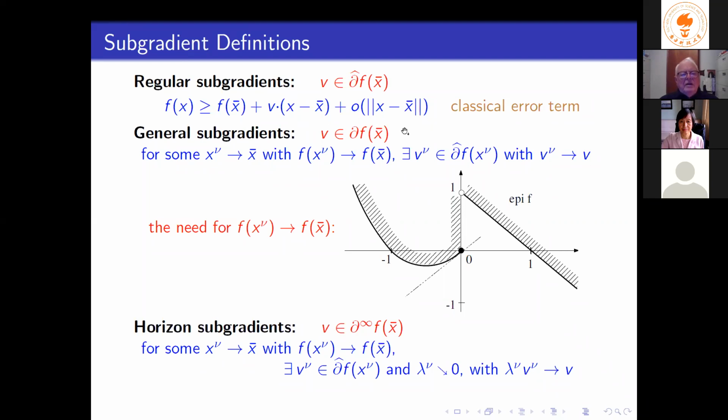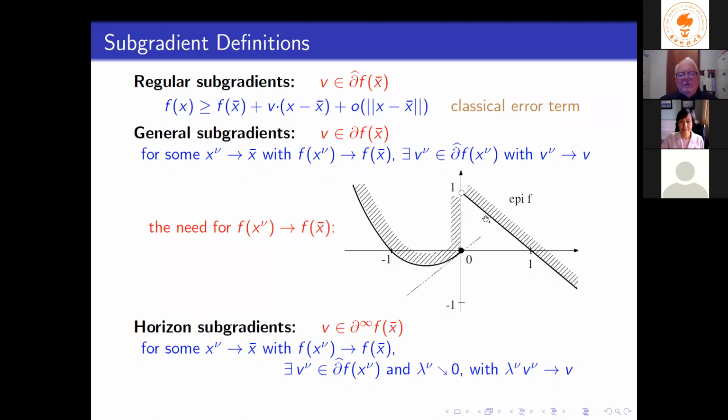These are then the general subgradients, which are obtained by taking limits from nearby points. And as we take the limits of subgradients from nearby points, we have to pay attention to the function value. The need for that is explained in this picture. I'm looking at, say, the subgradients at the origin here, and I'm clearly interested only in properties that would depend on the epigraph here.